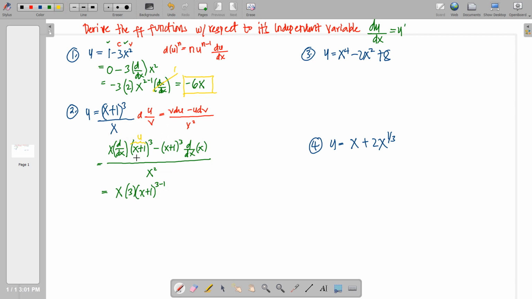Yung du over dx is actually dx over dx plus 1, plus 0 I should say, because derivative of 0, parang dinerive mo yung inside term na u. So remember that formula, we perform this, and we also have that one, du over dx. Never neglect this one. So this is actually du over dx from the formula.